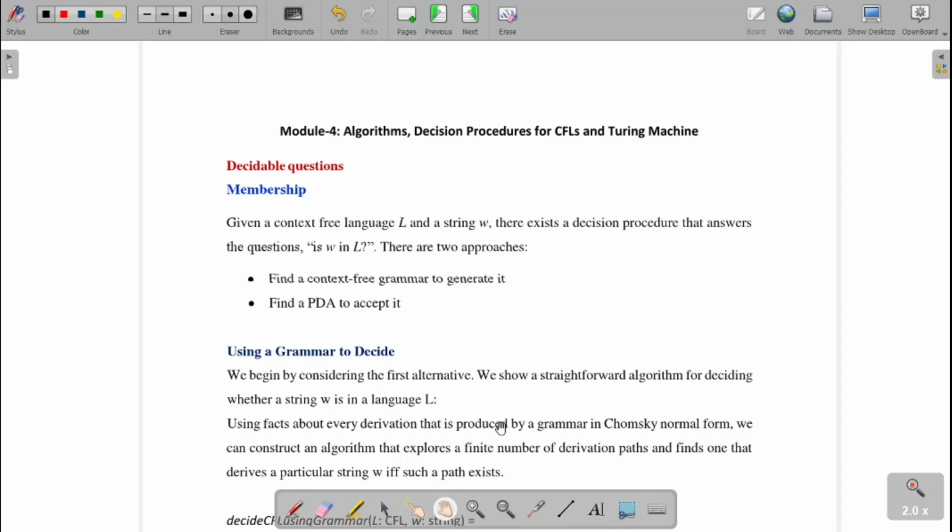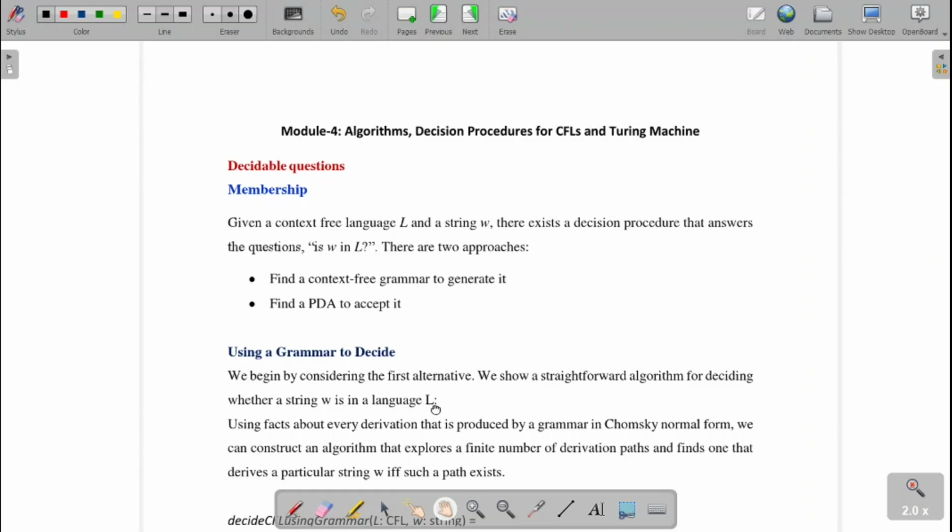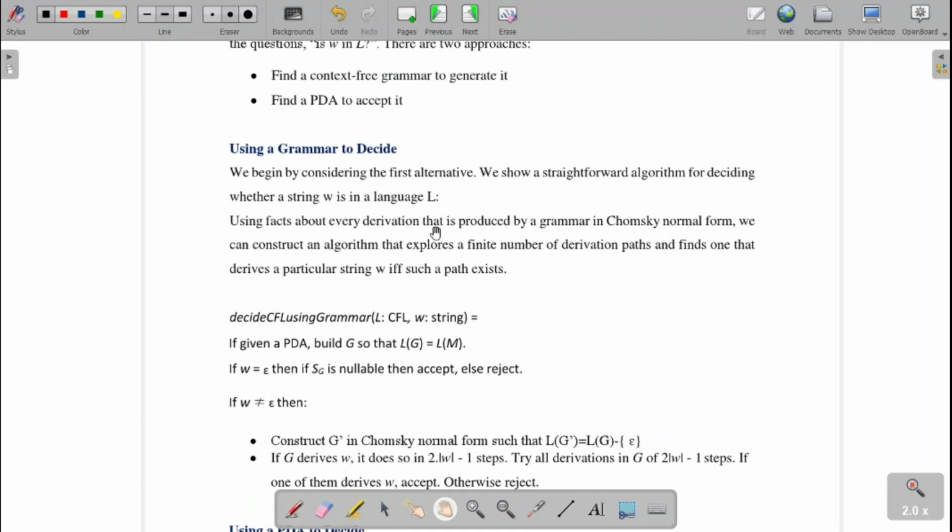The first one. In the first one, let us use the grammar to decide whether the W is in L or not. Right? So this is the first alternative. We show a straightforward algorithm for deciding whether a string W is in language L or not, using the fact that every derivation produced by a grammar in Chomsky normal form is finite.